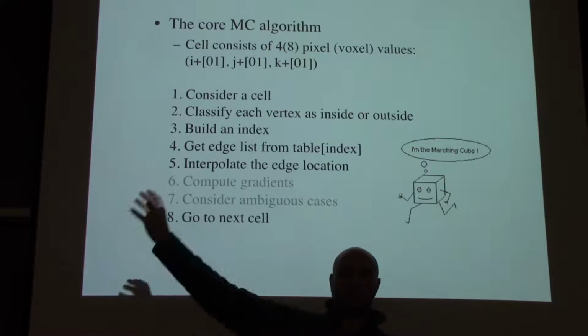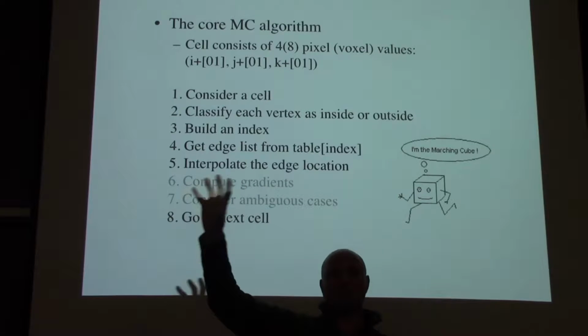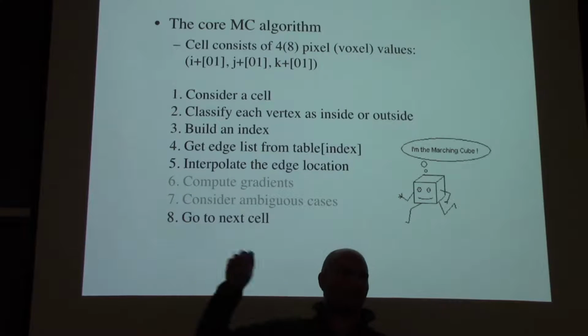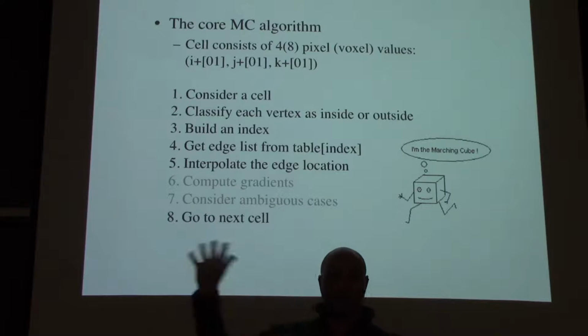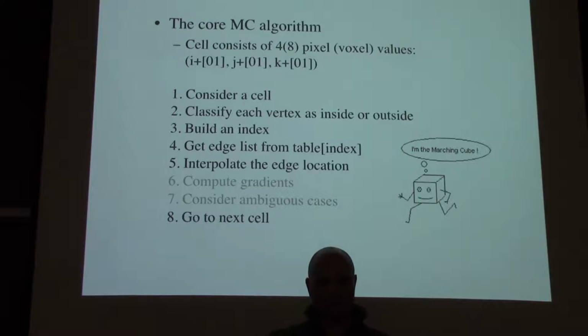And that will give you, not the position, but the edges that you want to interpolate, so which ones actually have a crossing. Then you interpolate them, optionally compute gradients and deal with ambiguous cases using the asymptotic decider, and then you go on to the next cell.